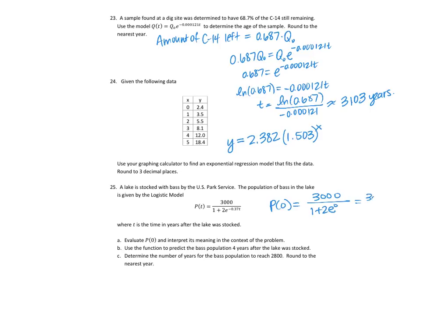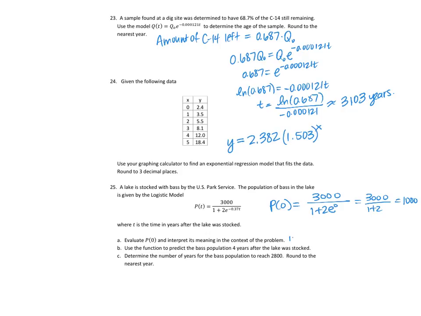So that's 3,000 divided by 1 plus 2, which is just going to be 1,000. And so that means that is the population of bass when t equals 0. So that's the original amount of bass that were stocked in the lake.